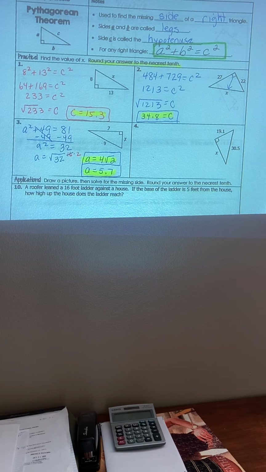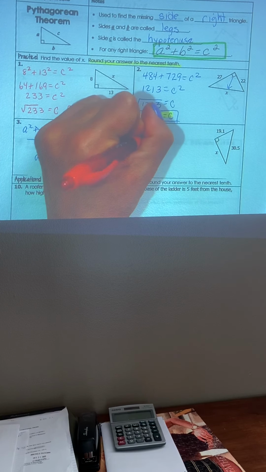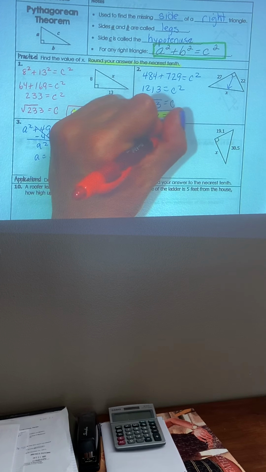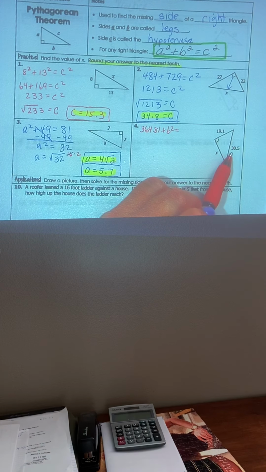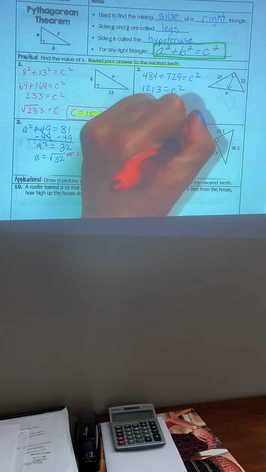Okay, and then this problem, we have A squared, 19.1. So 19.1 squared is 364.81. We don't know B squared. And C squared, 30.5 squared, is 930.25.